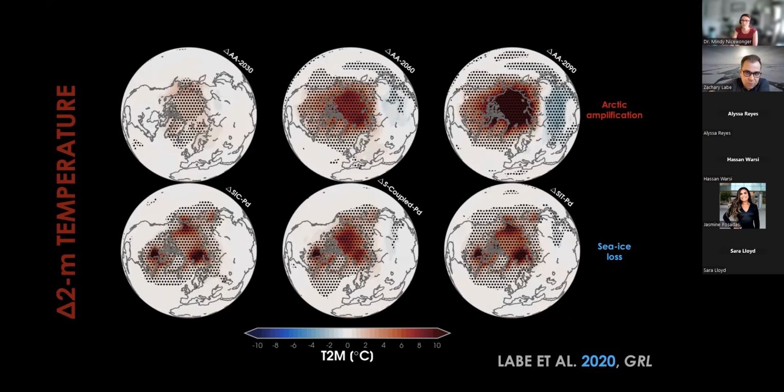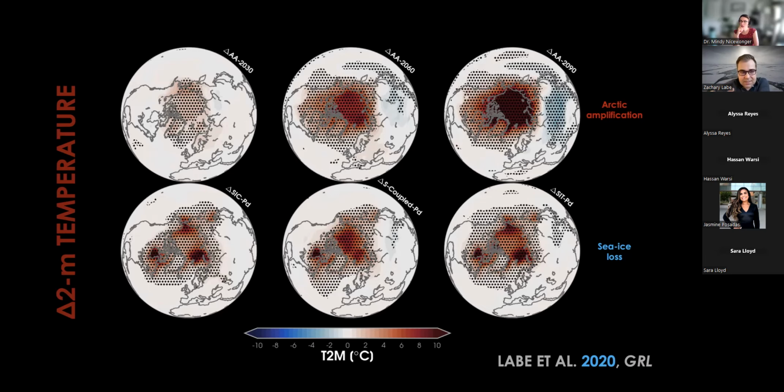So if you look at the circle, the map in the upper right, you might notice that you can see some areas of blue. The black dots mean that it's statistically significant, so we can say that this is a robust temperature change. So in that case, where we looked at climate change at the very end of this century, due to Arctic amplification, we did find a robust cooling effect.